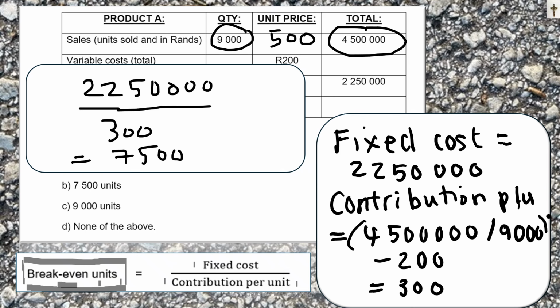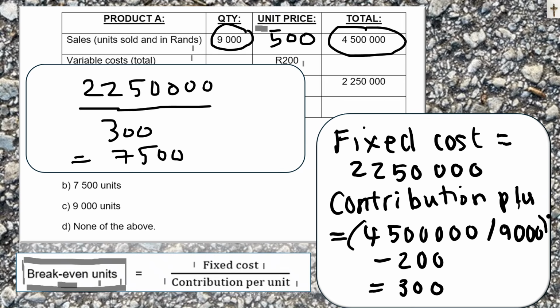And if we look at this table here, we've got unit prices, and we've got sales and variable costs. Contribution per unit, I'm going to say this again, contribution per unit is equal to the selling price per unit minus the variable cost per unit.